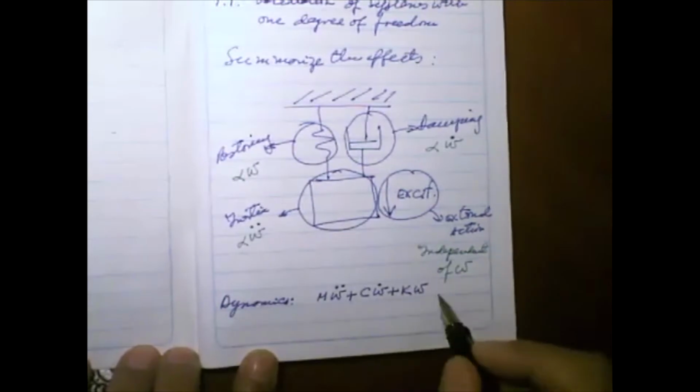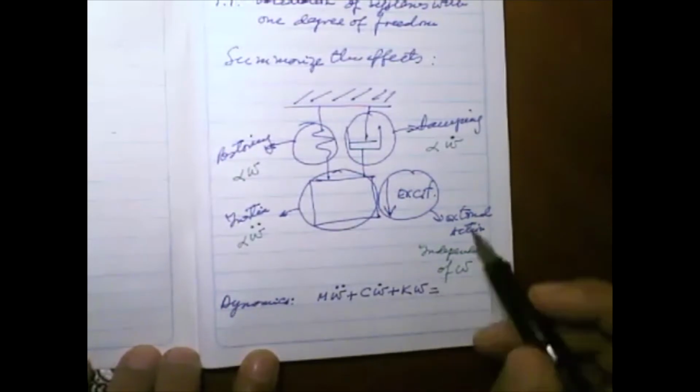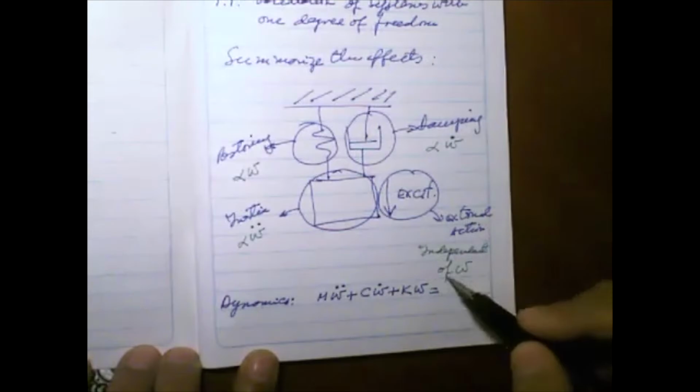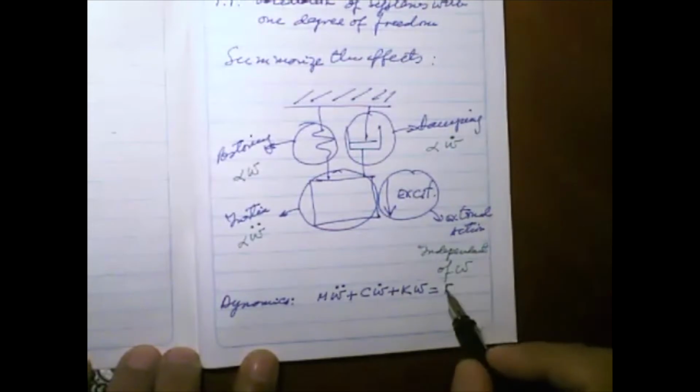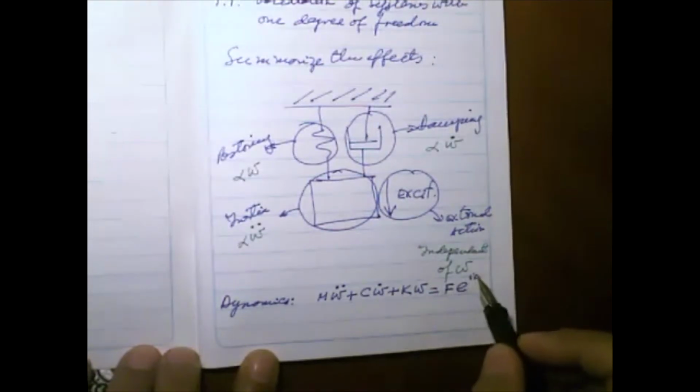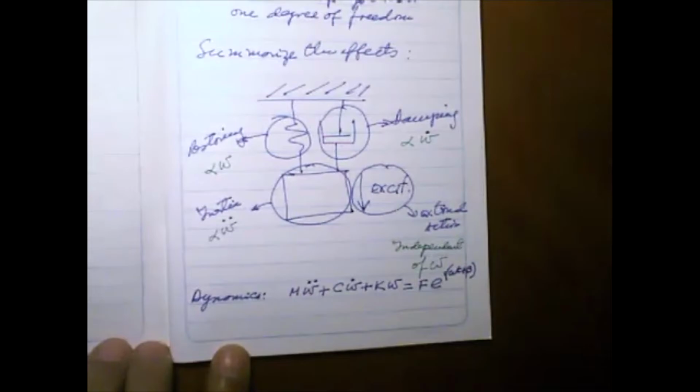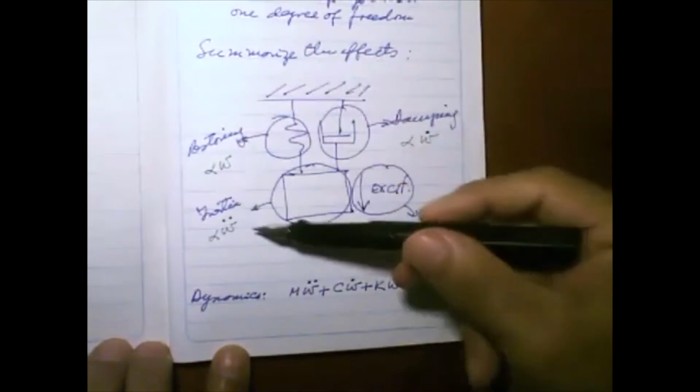Restoring, this is the restoring effect, like in a spring. And on the right-hand side, with no influence of W, we are going to have an excitation. Okay, in general, we're going to have this shape.